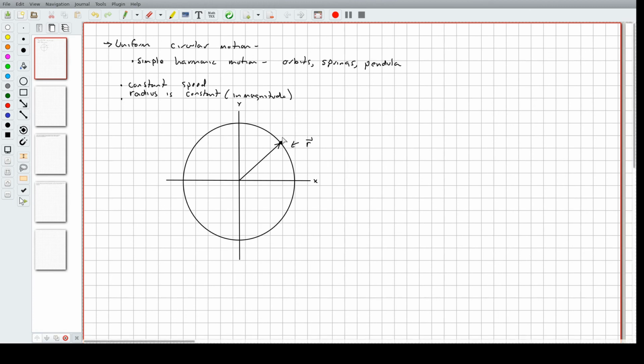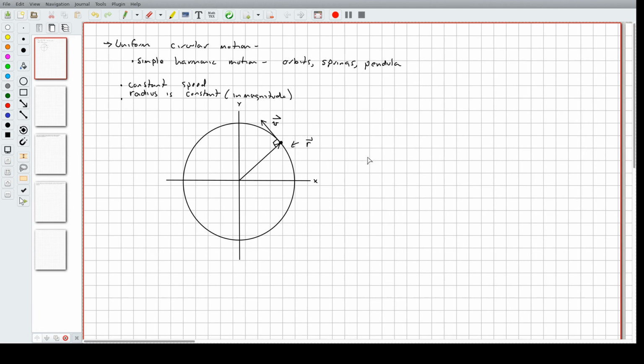Now, as this thing goes around, at any given time, if you stopped its motion and looked at the direction that it was heading in, what you would notice is that it would be at right angles to its location. So this is your velocity vector v.